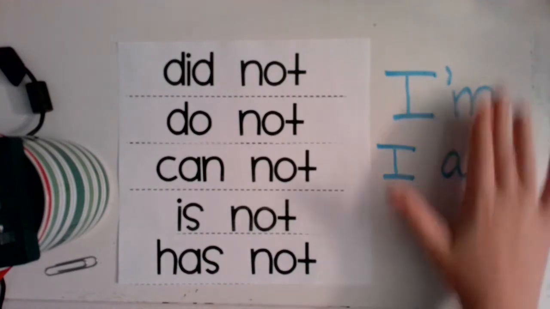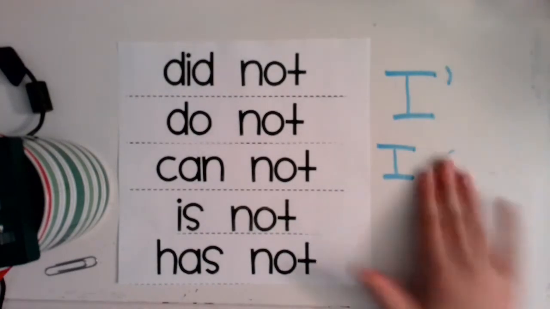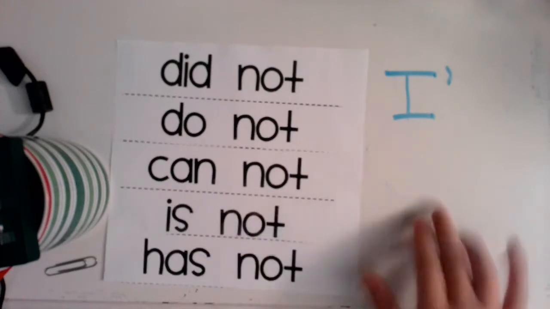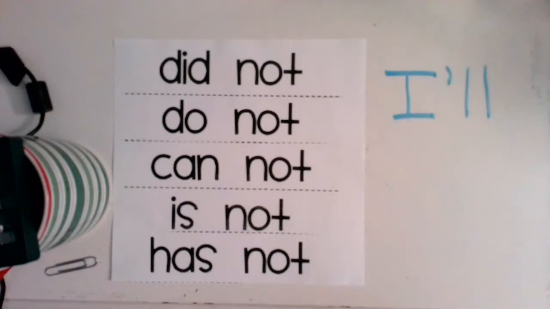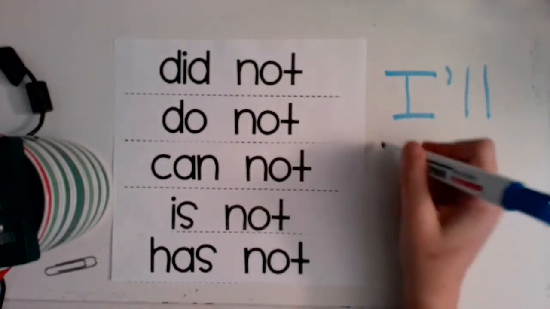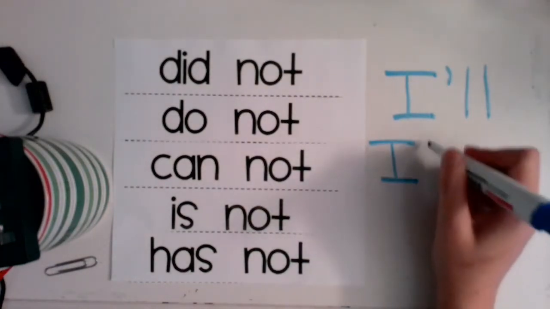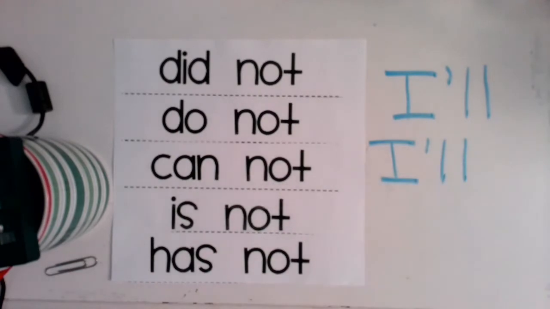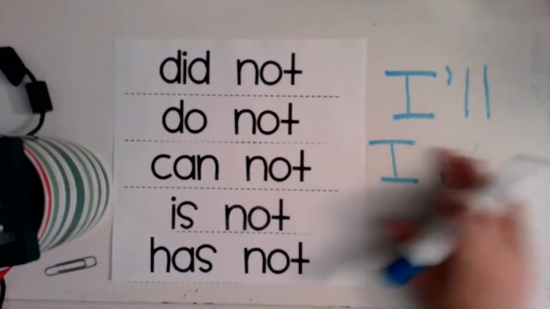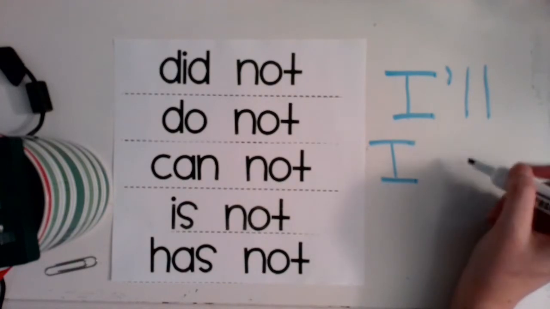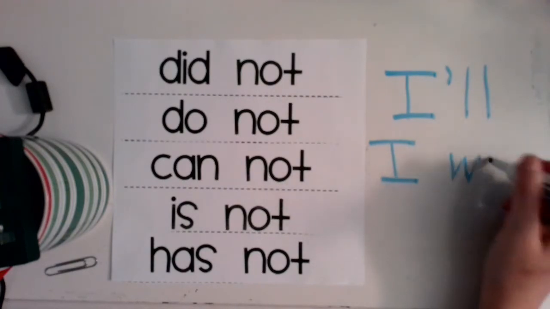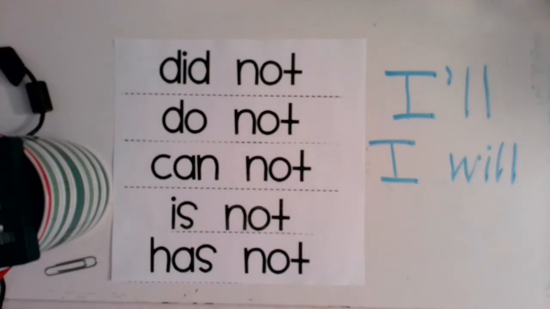Another contraction might be I'll, like I'll go to the store. I'll is the contraction for I will. Like I will go to the store. I'll go to the store.